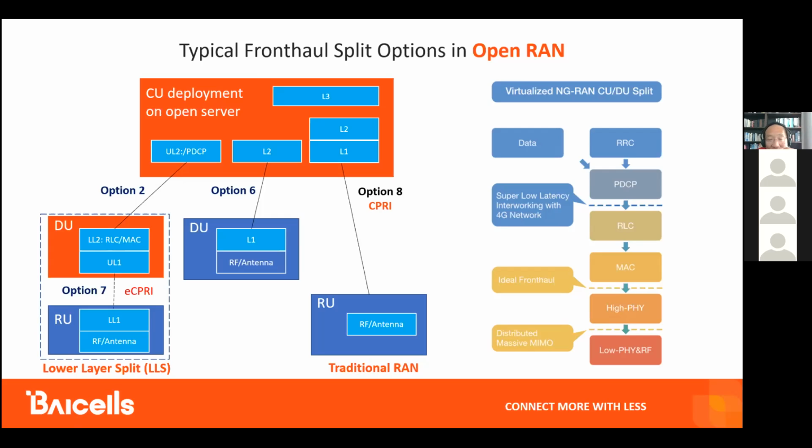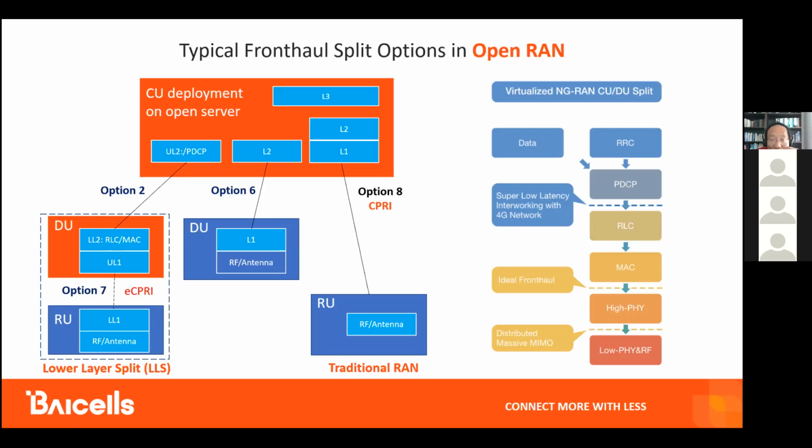When you split the RF layer and the PHY layer, that becomes option 8. When you split at a lower layer, it has a higher option number. When you split at a higher layer, there is a lower option number.